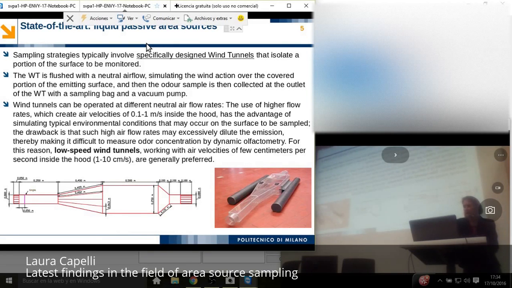But the drawback of such high airflow rates is that they tend to dilute a lot the emission, and so to give odor concentration values that are practically difficult to be measured. For this reason, we at least use low-speed wind tunnels, so wind tunnels that are operated with airflows that give velocities of 1 to 10 centimeters per second inside the hood.